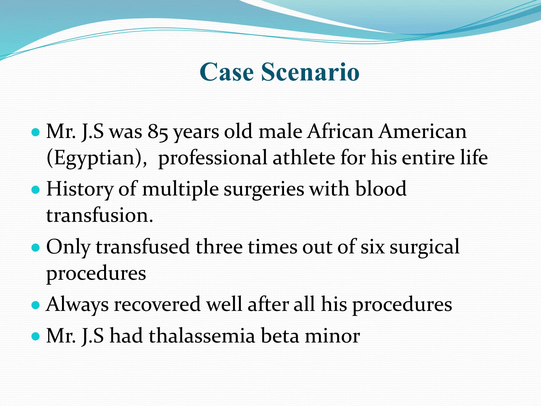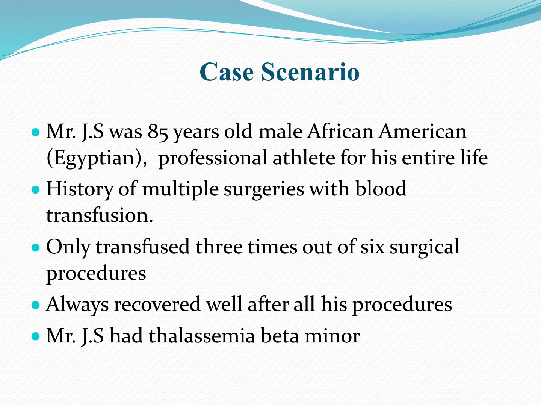So my case scenario is about an 85 year old African American male who migrated to the United States at the age of 50 from Egypt. He was a professional athlete for his entire life, with no history of health complications whatsoever.